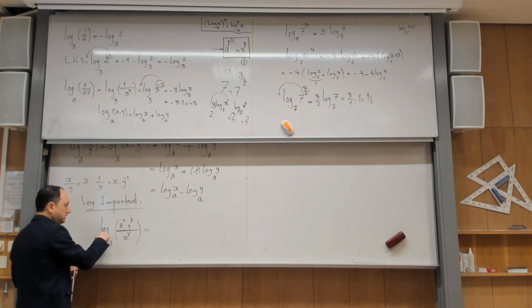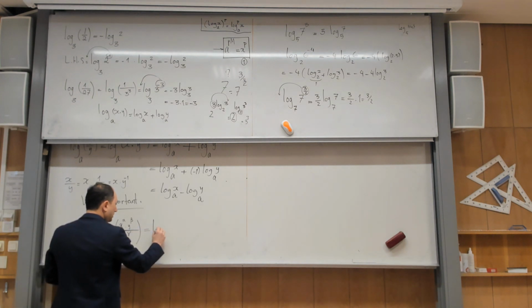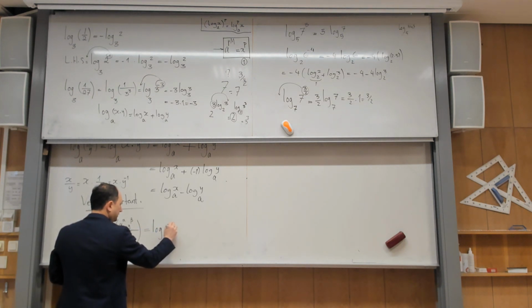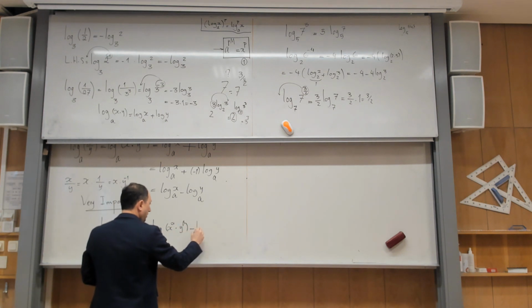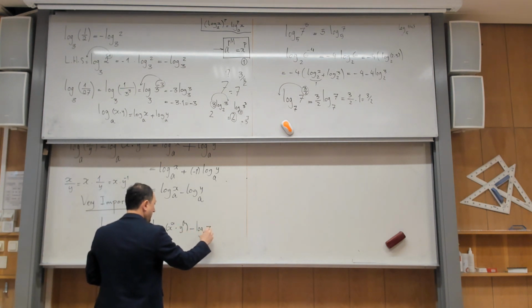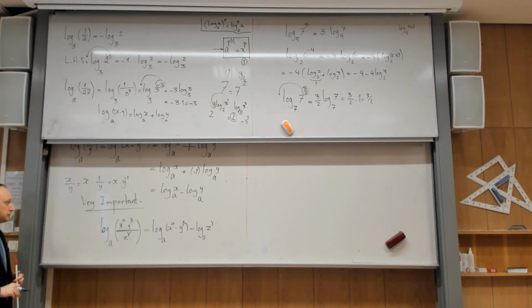The fraction rule tells me that the log of a fraction can be written as the log of the numerator minus the log of the denominator. So this becomes the log of x to the power alpha times y to the power beta, of course in base A, and then minus log of z to the power gamma in base A. Is that understandable? So I used the first rule.